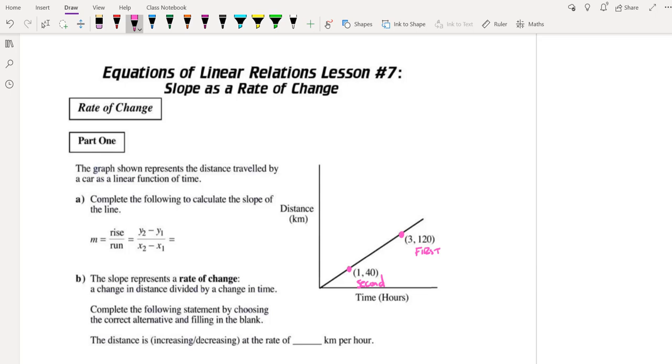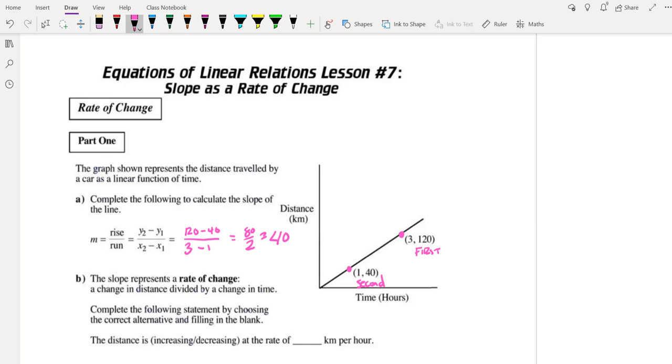So we take our points, y2 is 120, y1 is 40, subtract the 2, divided by x2, which is 3, minus x1, which is 1, and this becomes 80 over 2, which is equal to 40.